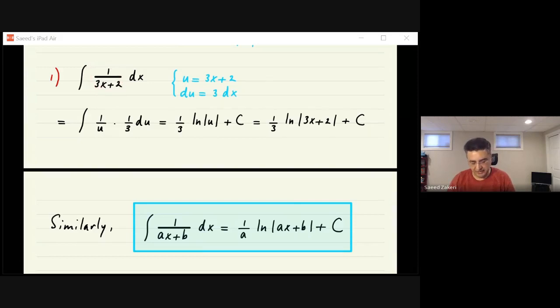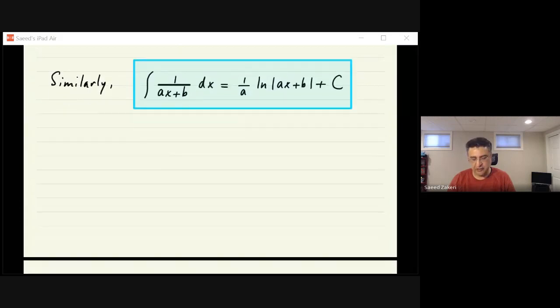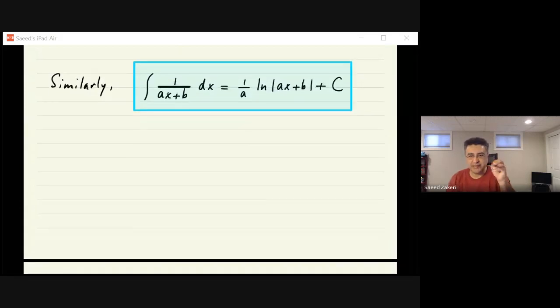Yeah, exactly. All right, so whenever I have a single linear term on the bottom, I know how to integrate. It's going to be something like this, and it's basically ln of the bottom, but with this constant in front. So for example, if I integrate 1 divided by 5x plus 7, that will be 1/5 ln of 5x plus 7 in absolute value.